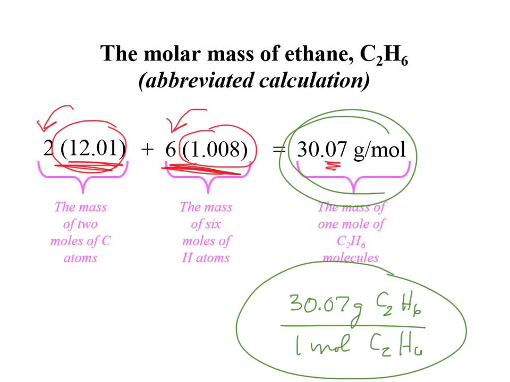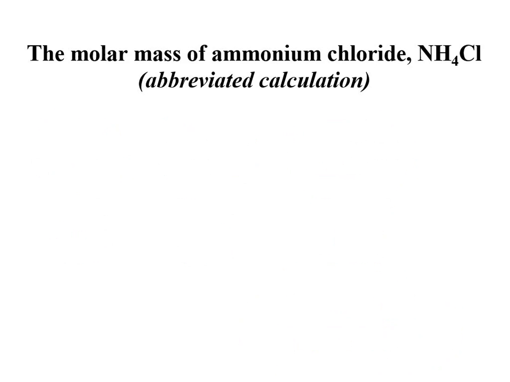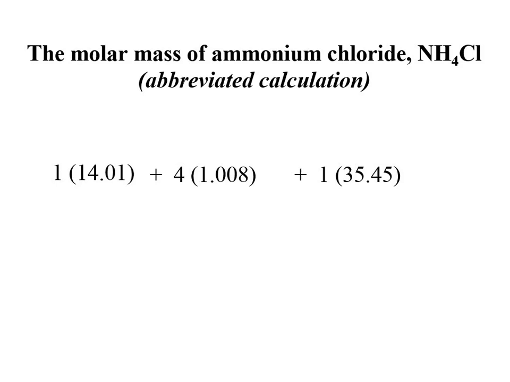All right. So now let's knock out ammonium chloride, but let's do it the abbreviated way. You take 1 times 14.01, because you have 1 nitrogen, plus 4 times 1.008, because you have 4 hydrogens, plus the chlorine then, 1 times 35.45, because you have 1 chlorine.